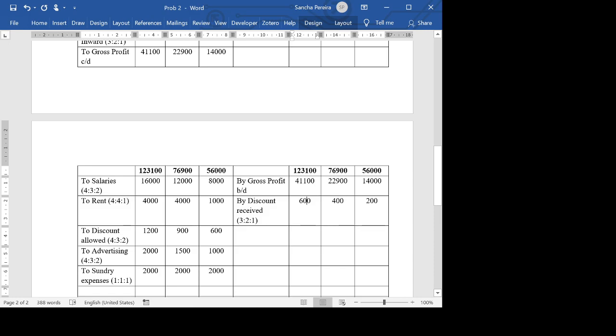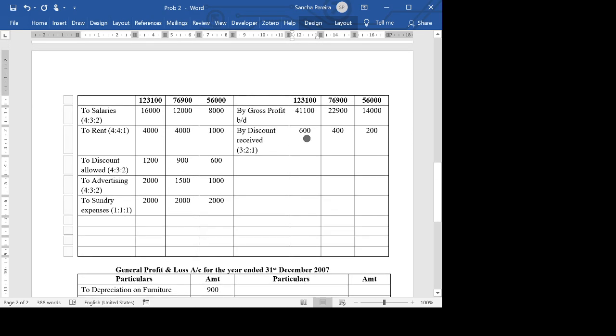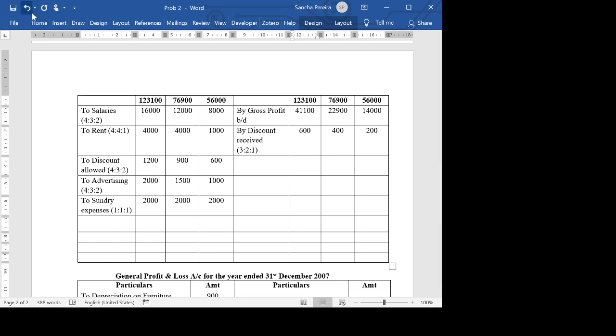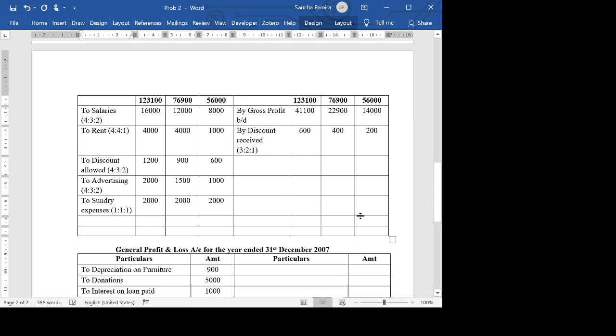Okay. Then we calculate the net profit. I think it's net profit for all. So the total of this is 41,700.